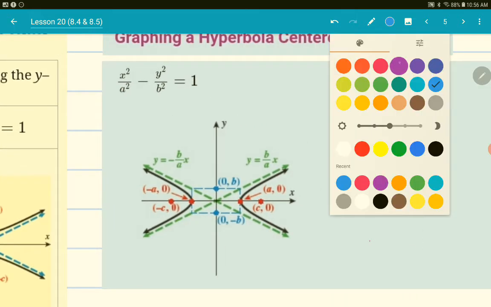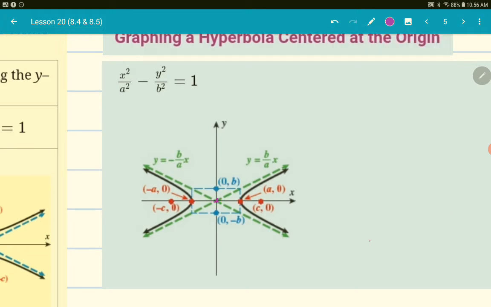So the first thing we're going to do is identify the center. Right now in 8.4.1, we're looking only at the center being the origin, so that part's pretty easy at this time. So we're going to identify or plot the center at the origin.